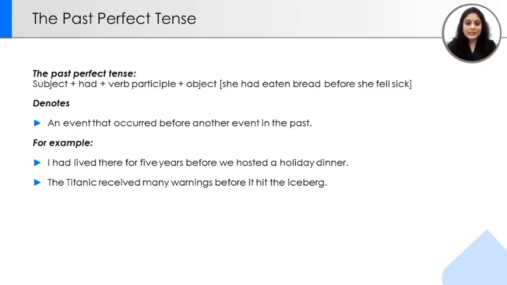Action number 2 is it hit the iceberg. Now you can see that the first action, the Titanic had received many warnings, happened well before the second action, which is the Titanic hit the iceberg. Both these actions are set in the past. This is the structure and usage of the past perfect tense.